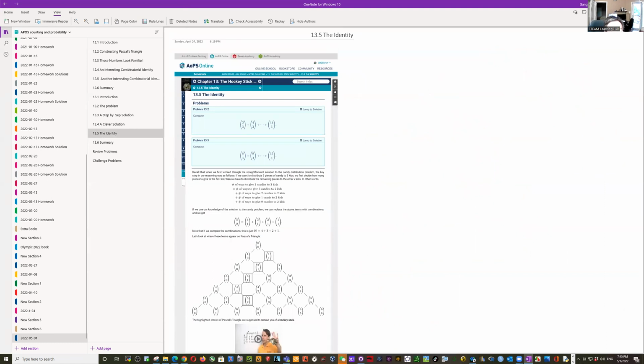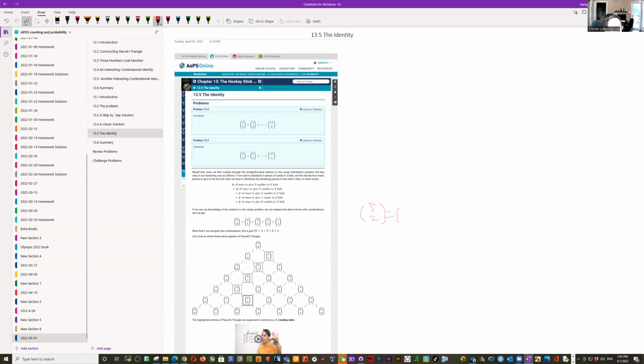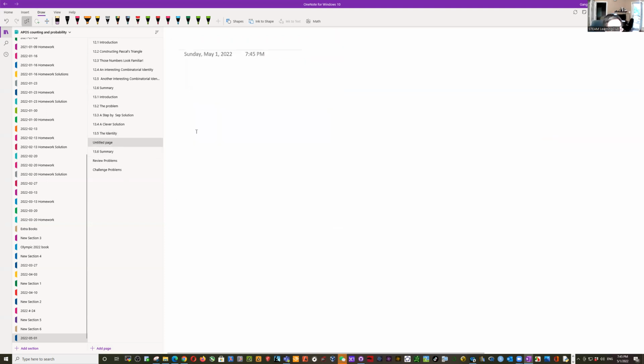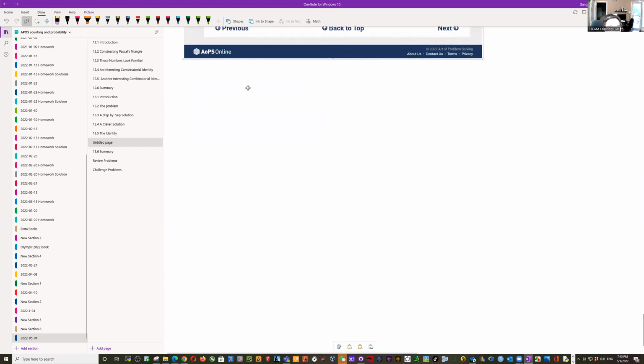It's making a very small example. Let me make a new page because otherwise it's going to be invisible. Let me copy this picture out and make an independent page so I can magnify it.